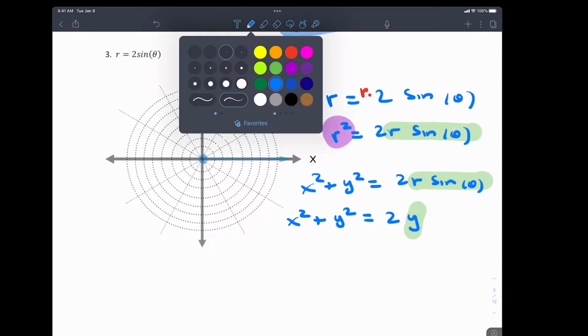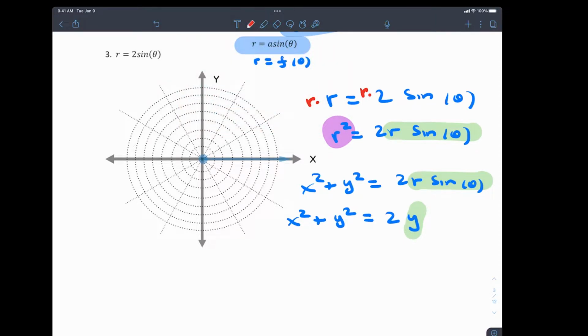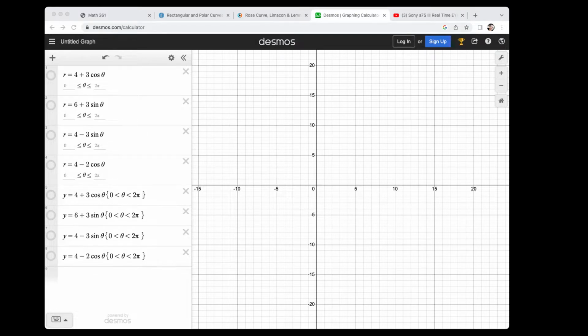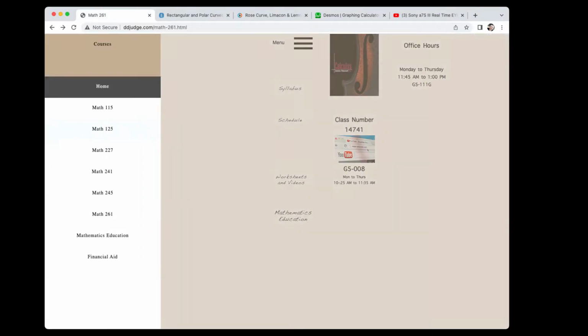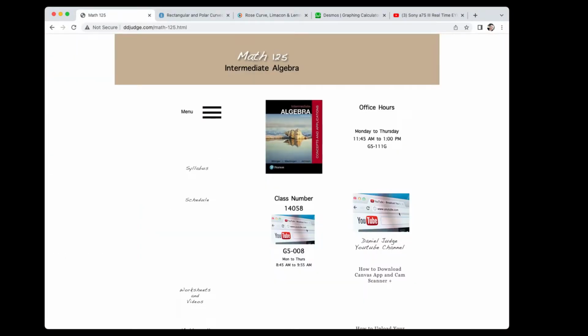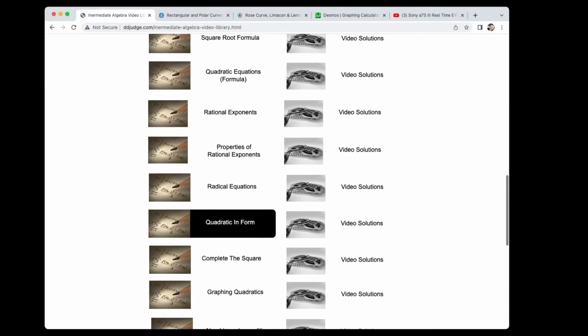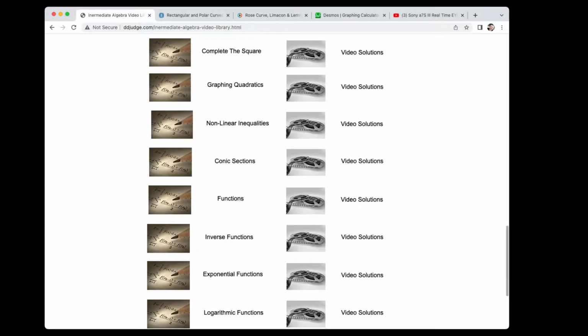Now, any of you guys taking pre-calculus? No? Okay. Any of you guys taking intermediate algebra, maybe? Let's go back here. On my website, believe it or not, in intermediate algebra worksheets videos, I have a topic called, oh, what is this thing called?